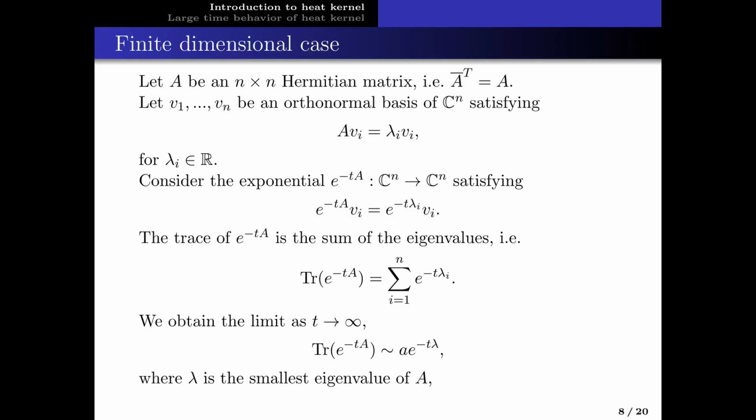So in a sense, we are asking the question in a high dimensional world: what is the smallest eigenvalue, and what is the multiplicity of this eigenvalue? That's the summary of our study of finite-dimensional linear algebra.